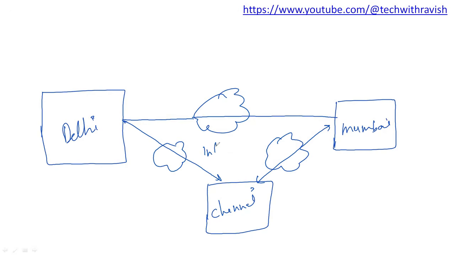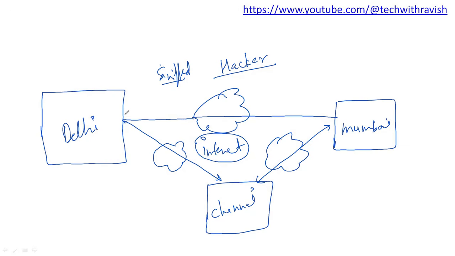Internet. Here, if I forward the data via internet, what can be the issue? My data can be sniffed or captured by the hacker. You know that there are thousands or unlimited hackers over the internet, so my data can be compromised.